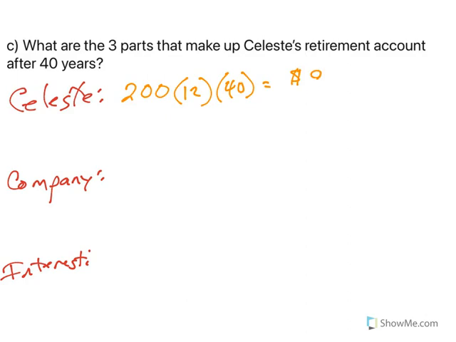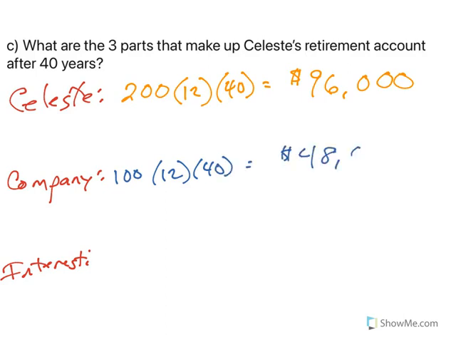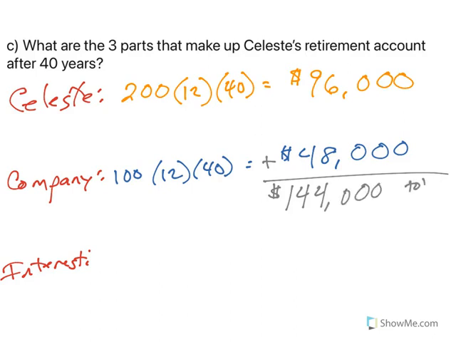So Celeste, in this second example, is contributing $96,000. Now, we know the company is doing half of that. So we could go 100 times 12 times 40, or we could just take half of 96,000. Either way, the company contributes 48,000. So the total contributions, if I add those together, I get 144,000. That's how much people are putting in this account.